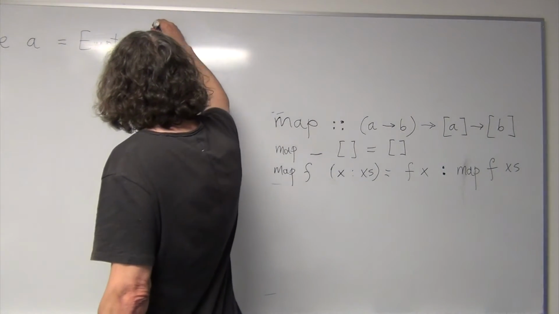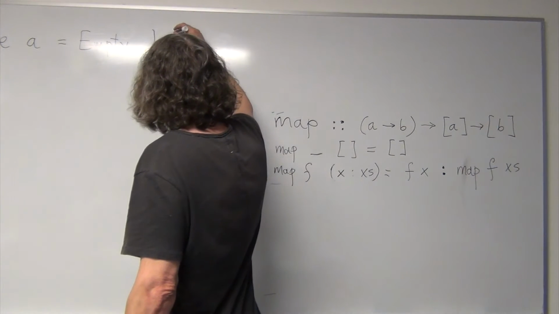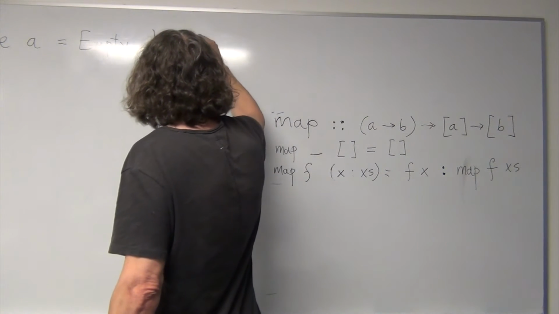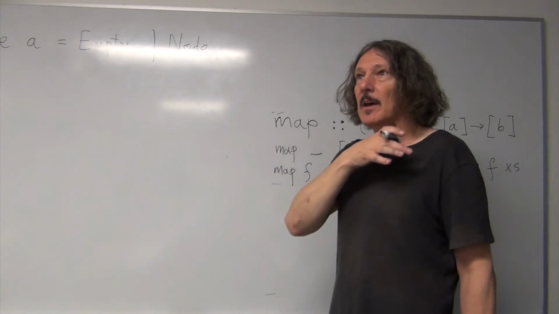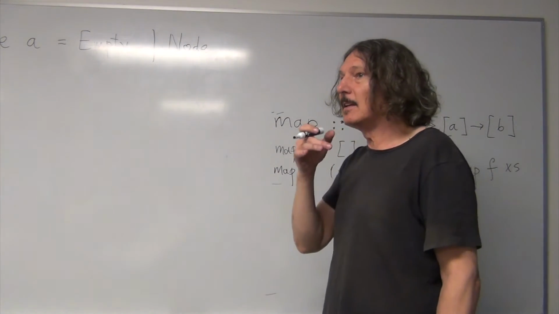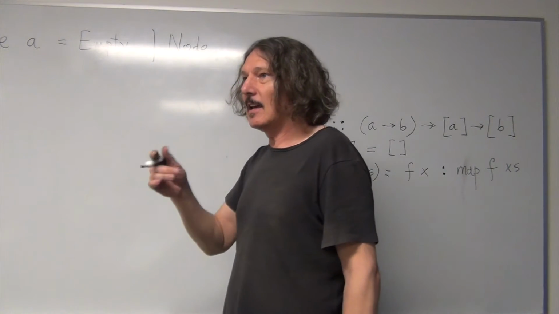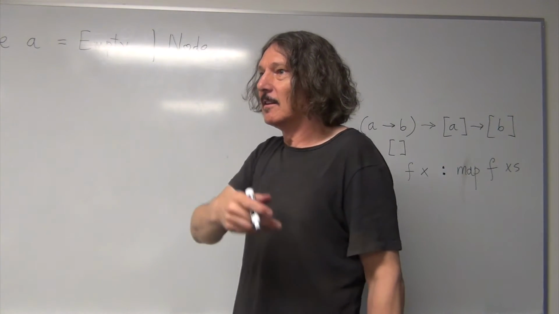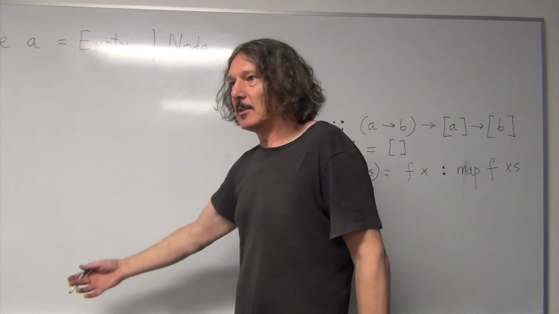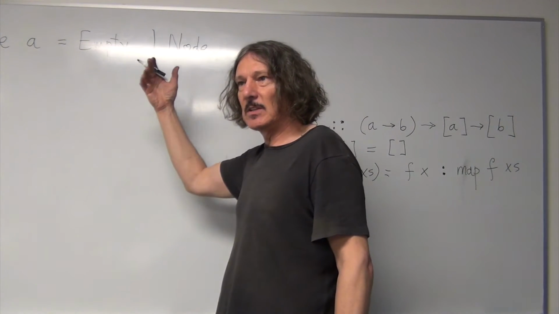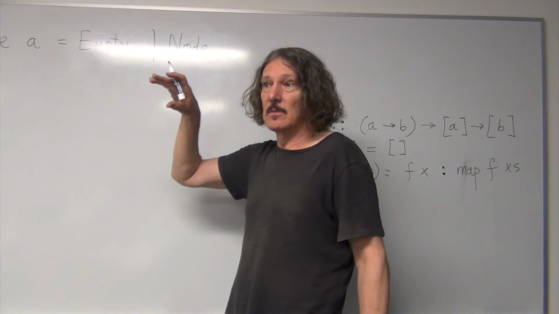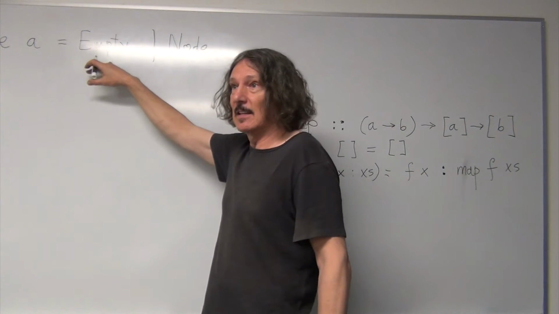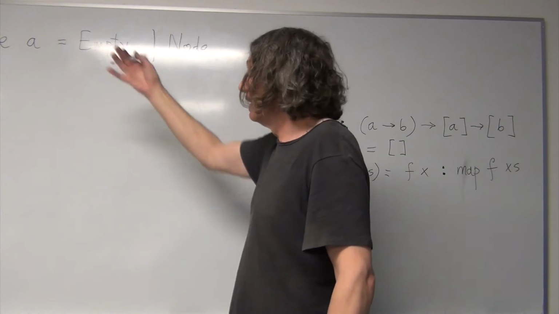Okay, so this is how we construct an empty tree. How do we construct a non-empty tree? Well, a non-empty tree is a node. So we'll call this constructor Node. And what does a node have in it? It has the left branch, the value, and the right branch. So this is the kind of tree that stores values in the nodes, and the sentinels at the end, the leaves, are empty.